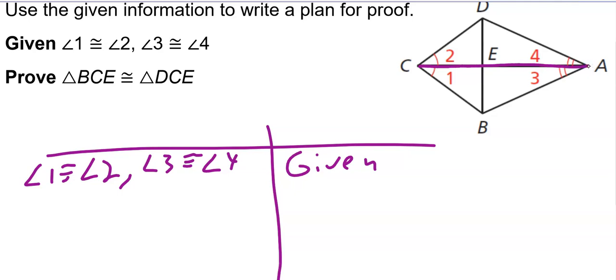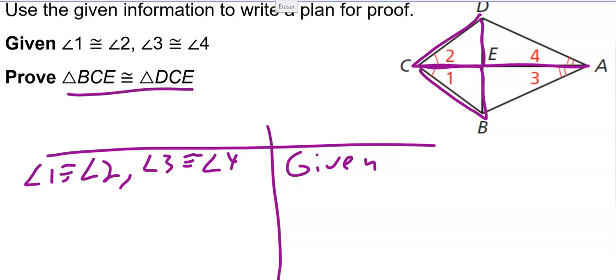All right? So we have two angles marked. And now we're going old school, and we're just trying to say that this triangle here is congruent to this triangle here. No CPCTC. We're stepping back and just proving triangles congruent.